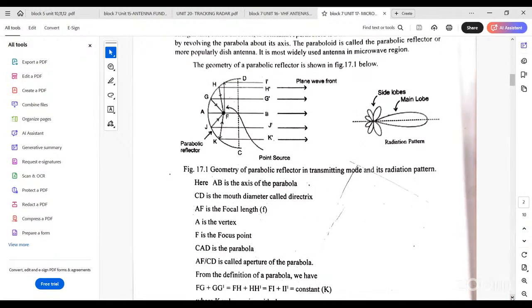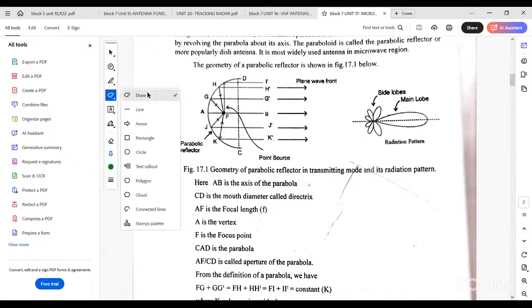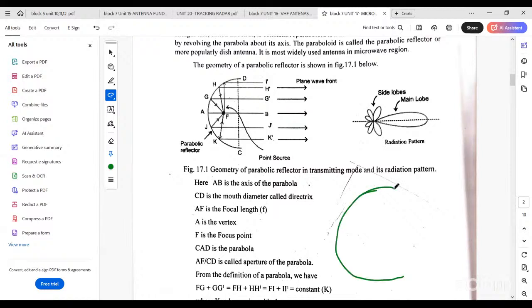Observe the diagram. In the middle, I am taking the focus point.